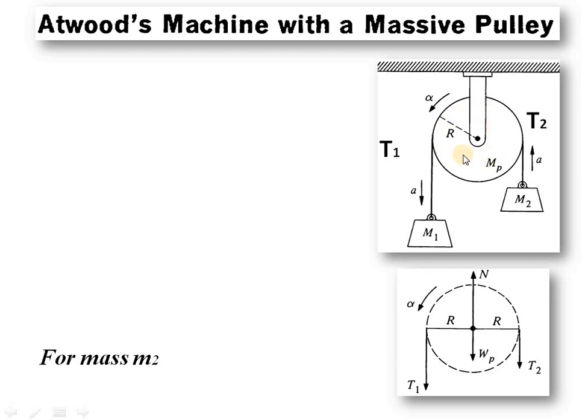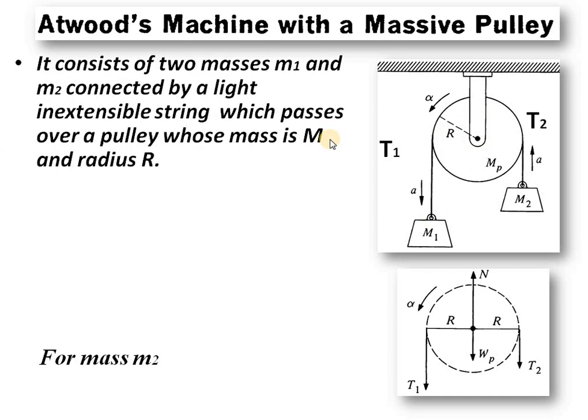The pulley may revolve with some angular velocity, sometimes with some angular acceleration also. If angular velocity changes, there will be an angular acceleration. So with that acceleration, the pulley will revolve. Well, then we can find out many physical parameters. That is our purpose. Okay.